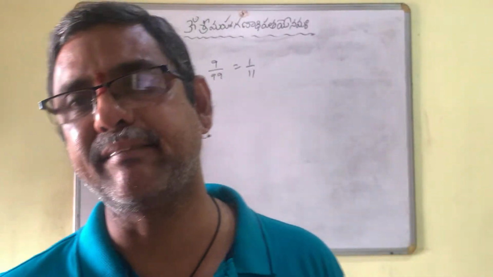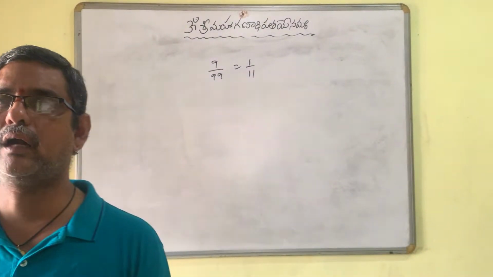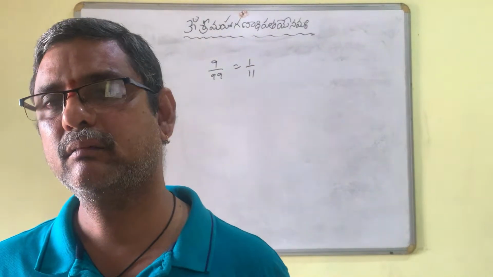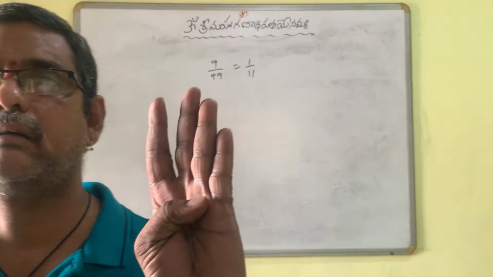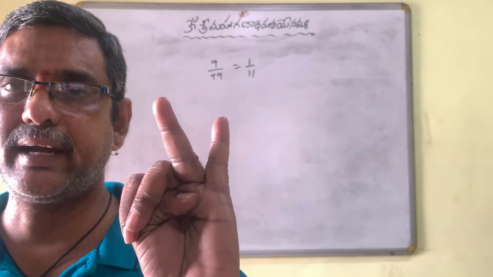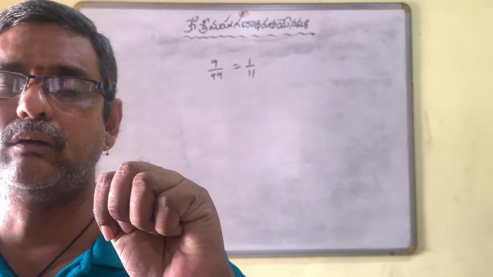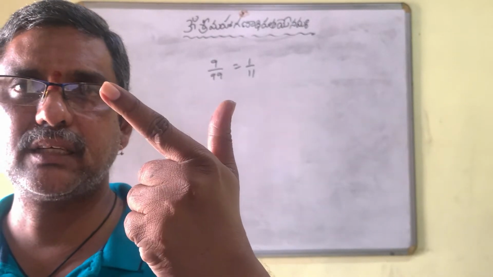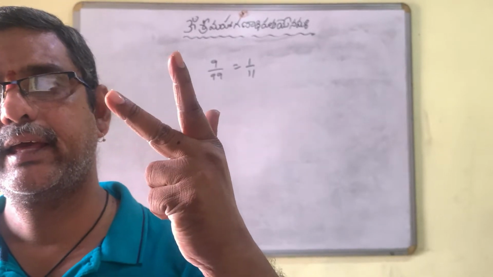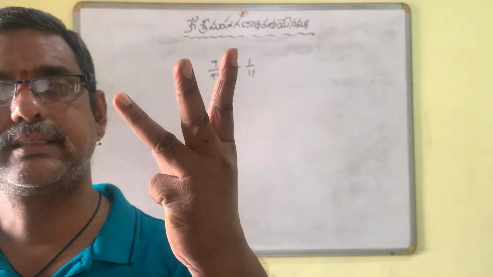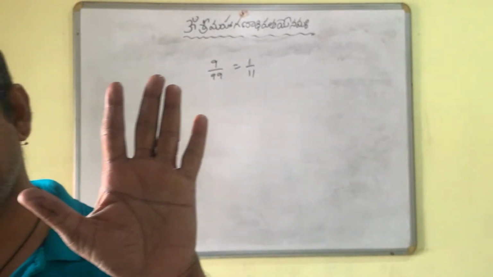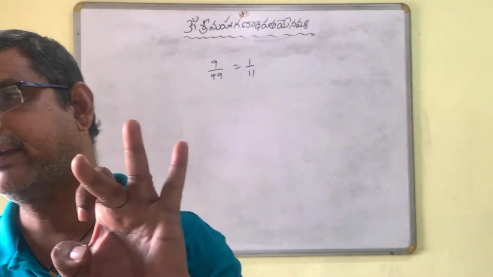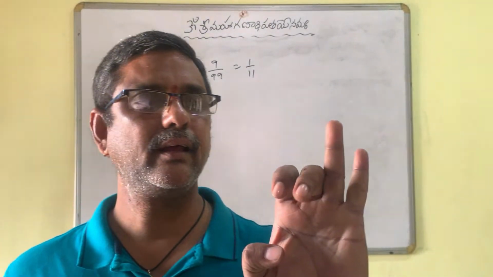Not divisible by 7. How many are there which are divisible by 7? 7 ones are 7, 14, 21, 28, 35, 42, 49, 56, 63, 70, 77, 84, 91, 98. 13 are there.